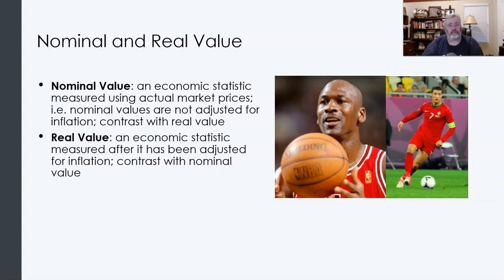Is the distinction that we're going to make here between nominal values and real values. So if I had a $20 bill, that is the nominal value of that bill, $20. It will be worth $20 10 years from now. It was a $20 bill 20 years ago. It will not matter. Nominally, it stays the same.